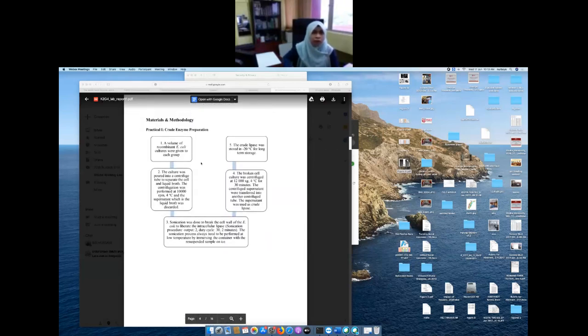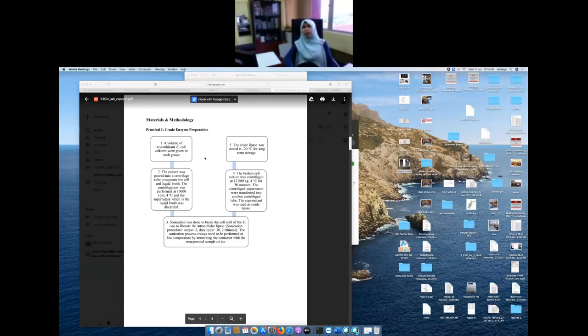Okay. So now every time we extract the sample, we need to know that sample, whatever source of the sample, if you have the sample from plant or bacteria or from microbe or even from mammalian cell and everything. Once you have extracted the cell, the protein or the enzyme, you need to do the enzyme assay.